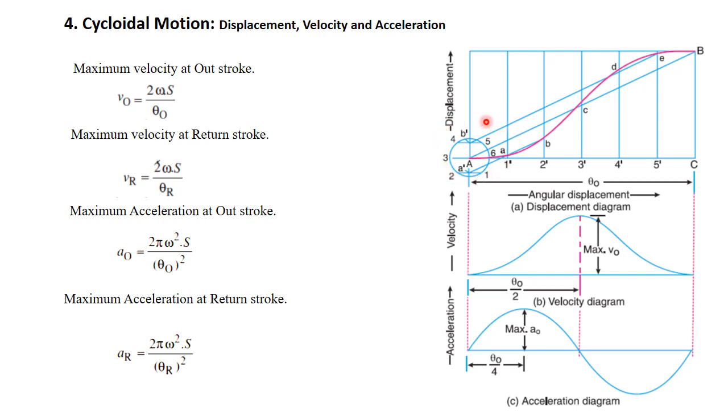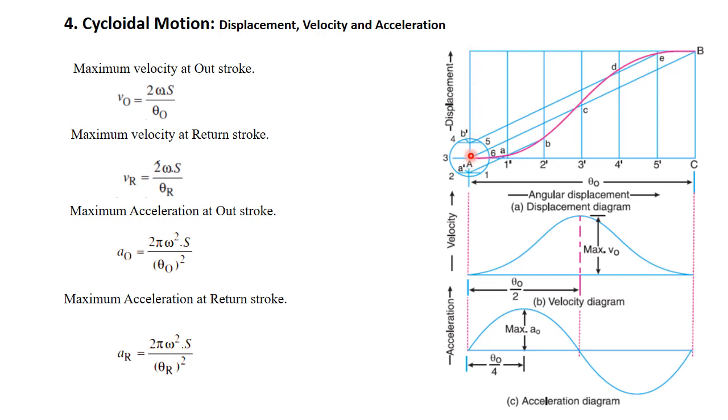Now in this case, to draw the displacement diagram, the total displacement is supposed to be the circumference of the circle, so that when it rolls purely on the surface of the cam, after one complete revolution of the circle it reaches the end position.